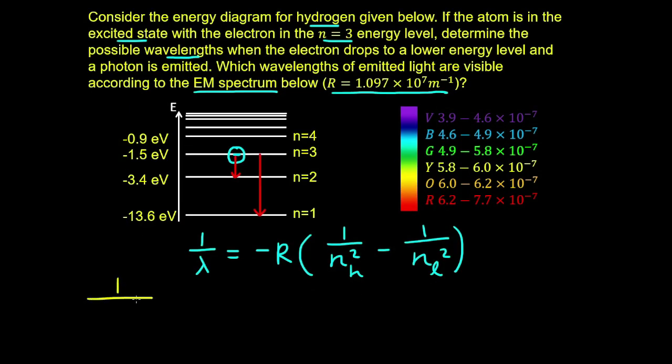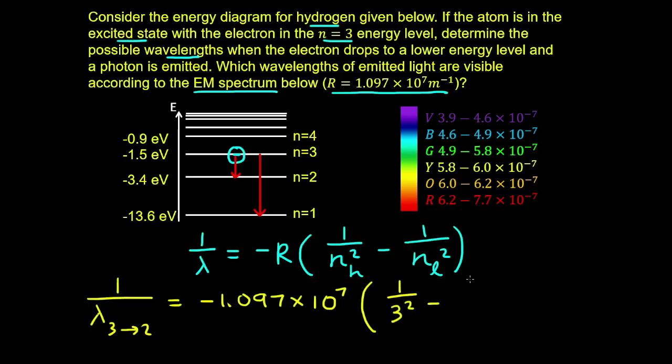So the reciprocal of the wavelength as the electron drops from energy level 3 to 2 is minus 1.097 by 10 to the 7 multiplied by 1 over the square of the higher energy level minus the reciprocal of the square of the lower energy level.